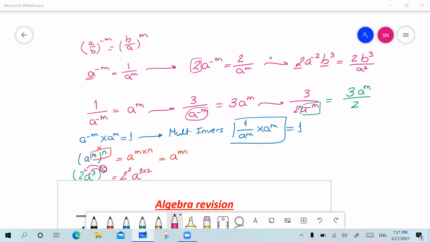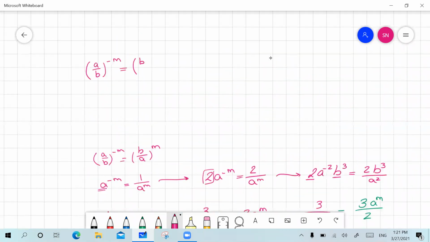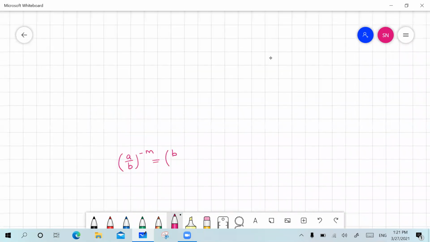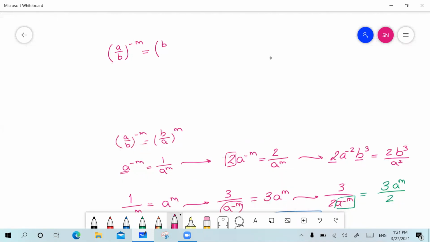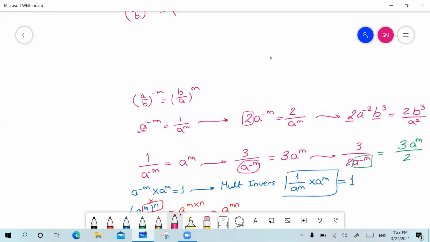And I just want to add a small thing. Let me go up here. If I have, for example, a to the power of 0, this is going to equal 1. Anything raised to the power of 0, if I have a over b to the power of 0, this is going to equal 1 as well.